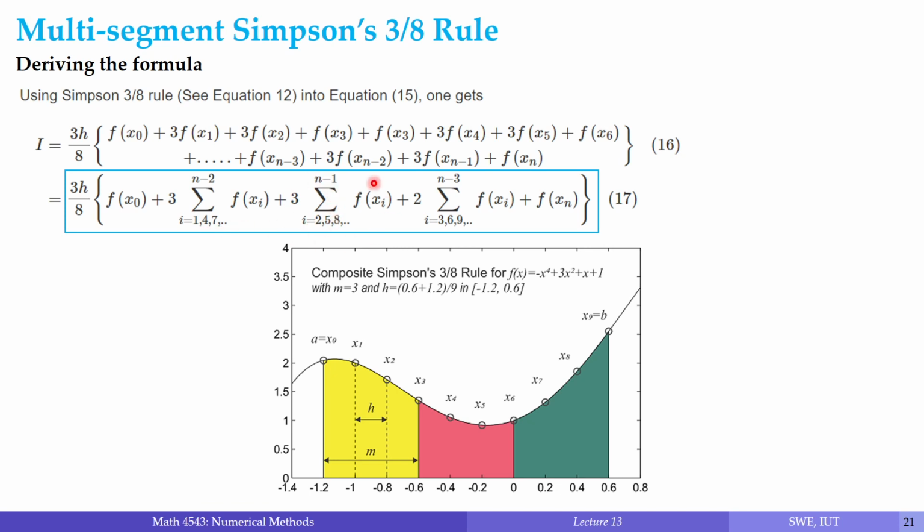For the second term, we use i equals 2, 5, 8, which means that whenever we divide the respective i values by 3, we get a remainder of 2. For the second to last term, we use the values of i as 3, 6, 9, and so on, which are multiples of 3 up to n minus 3. Since n is a multiple of 3, n minus 3 will also be a multiple of 3. And the last term is f(xn), of course.